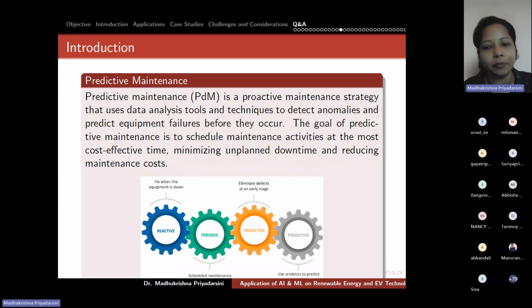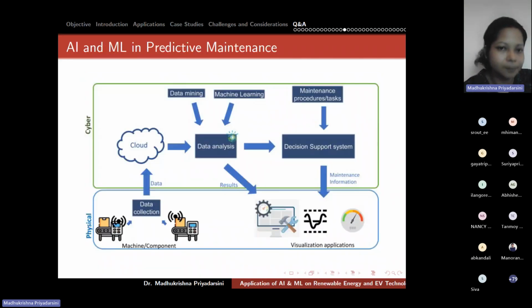That is predictive maintenance, and it is one of the major technologies used in the renewable energy field, using AI/ML to save the renewable energy resources. So this diagram, yes. Any question?